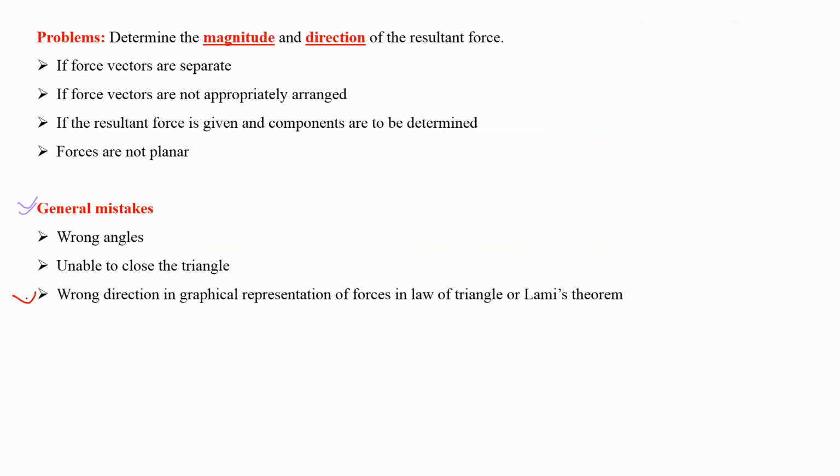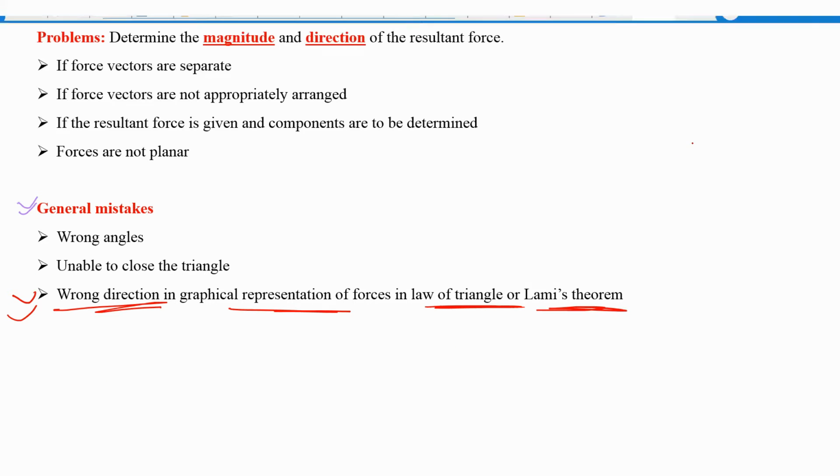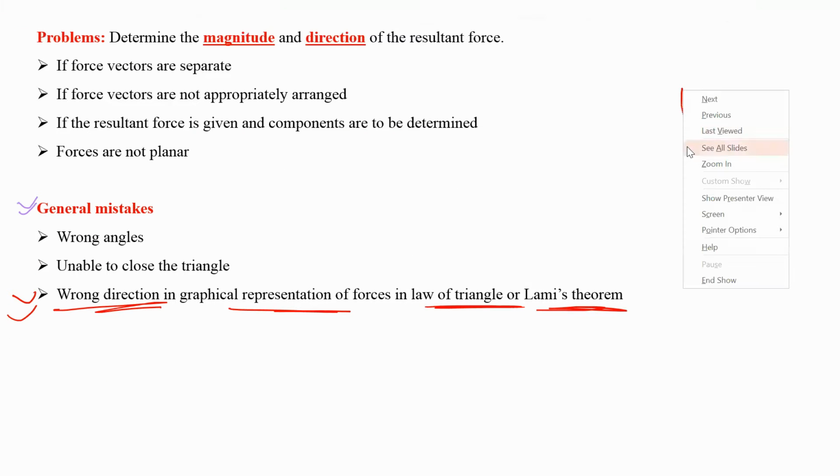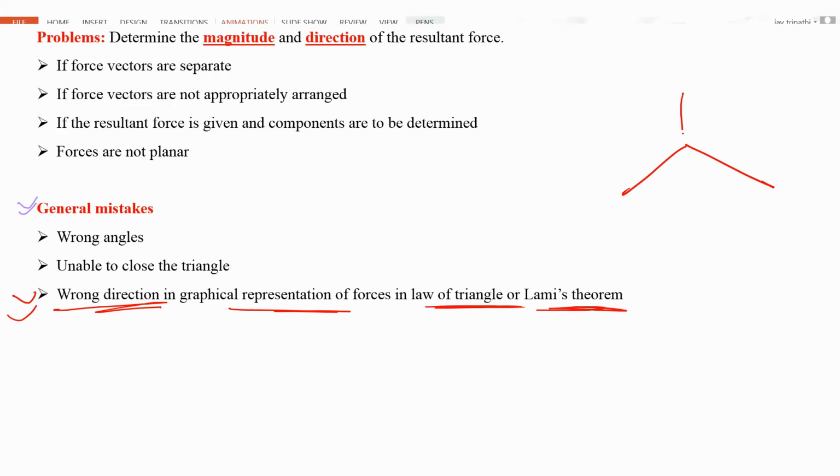The third mistake is that many times students choose the wrong direction in the graphical representation of forces in the law of triangle or Lami's theorem. For example, in this system of forces, three forces are acting at a point.